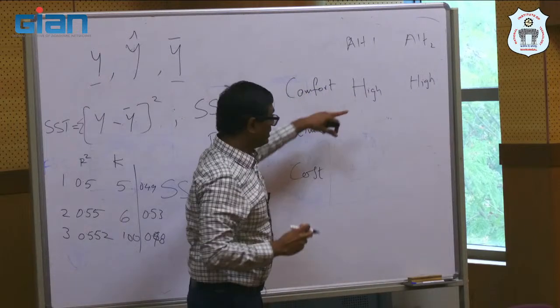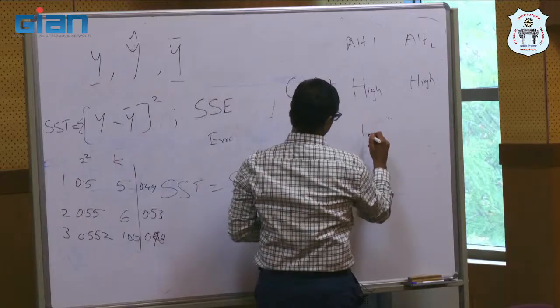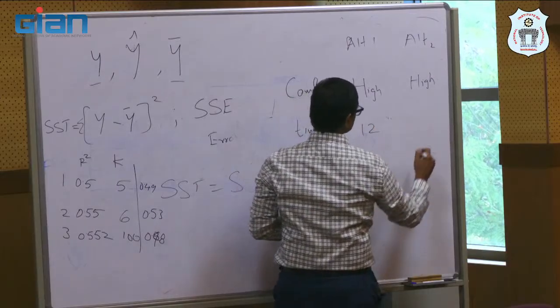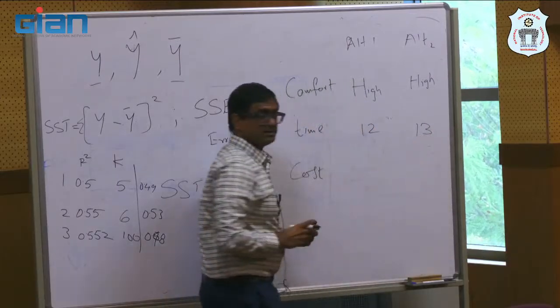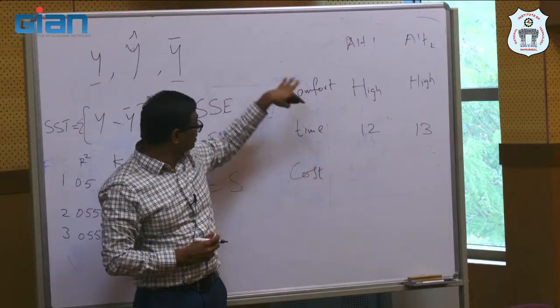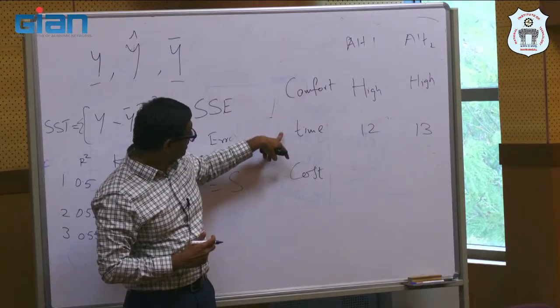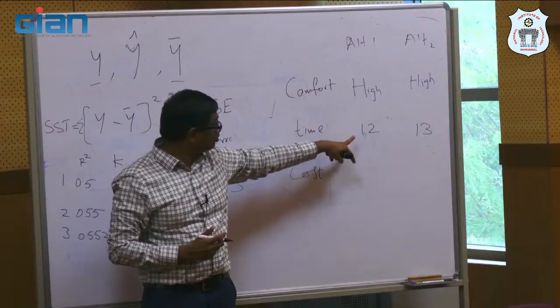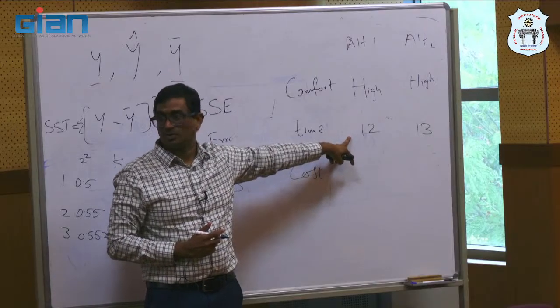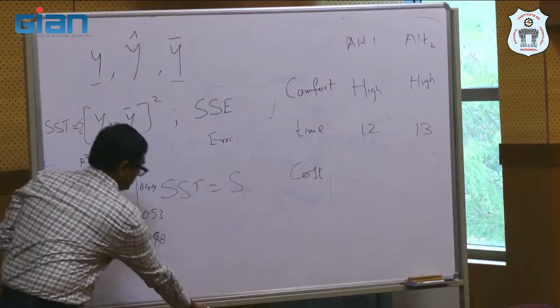Because it's a tie, I will look at what is the time. Okay. So this is, let's say, 12 minutes. This is 13 minutes. Okay. So this person put this as the most important variable, then the next most important variable, then the next. Based on time, this person will choose alternative 1 as their option because it has lower travel time. Everybody okay with that? Okay.